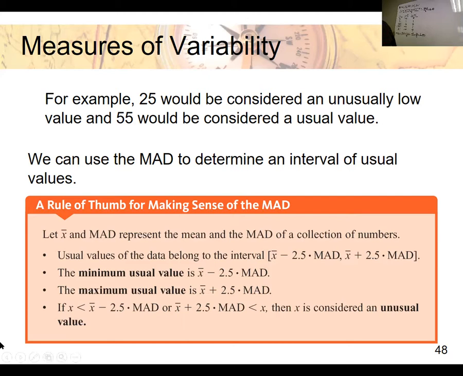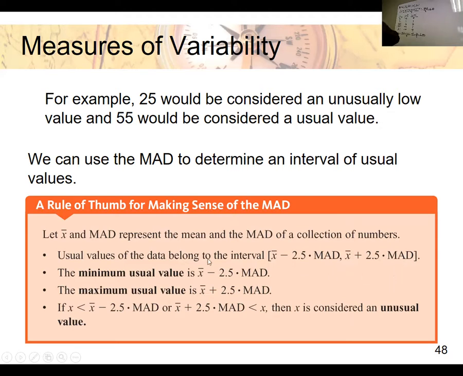If we let X bar and the MAD represent the mean and the mean absolute deviation of a collection of numbers, usual values of the data belonging to this interval would be X bar minus 2.5 times the mean absolute deviation and X bar plus 2.5 times the mean absolute deviation.